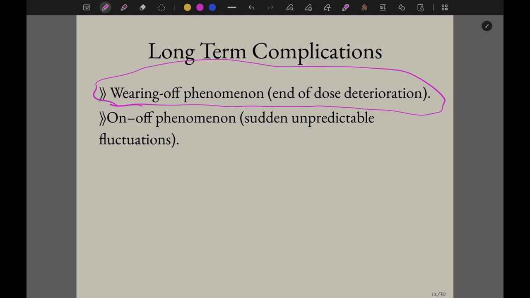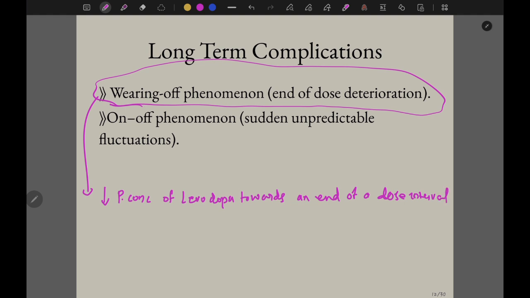What is wearing off phenomenon? Actually, wearing off phenomenon is due to a decrease in the plasma concentration of levodopa towards the end of a dose interval.